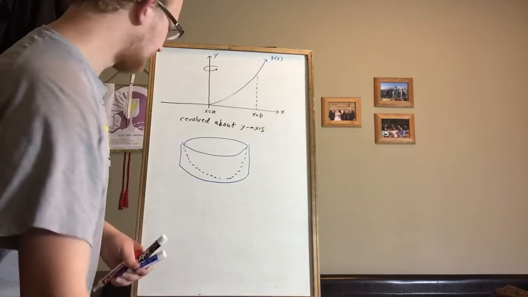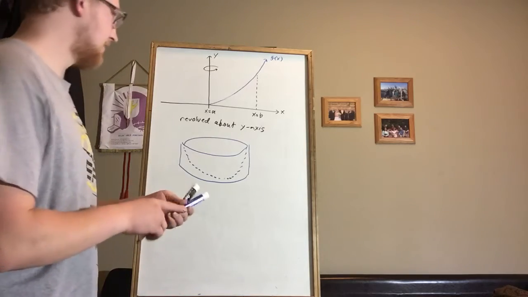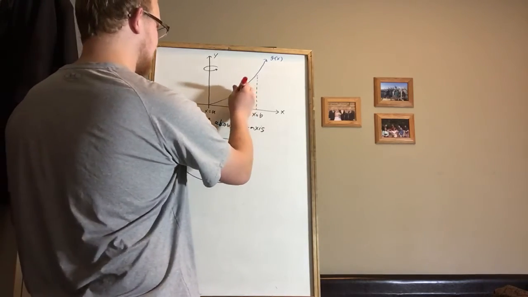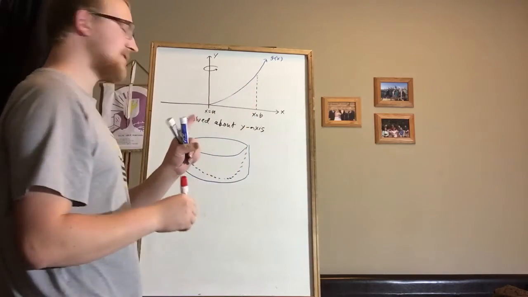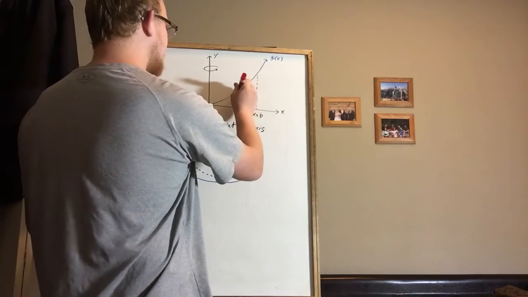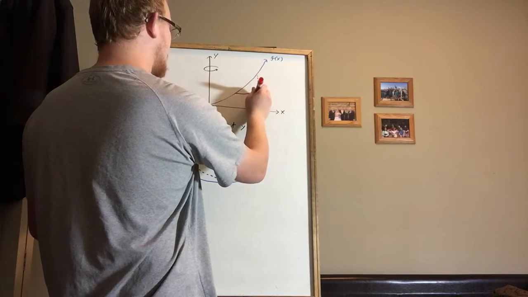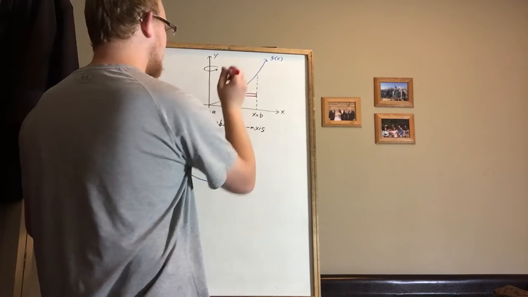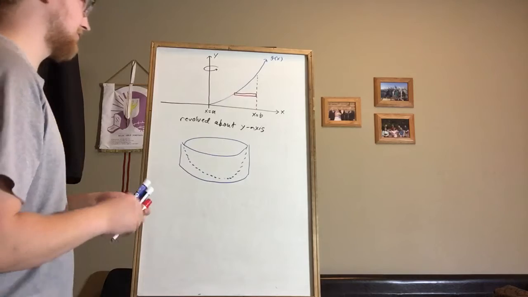And so we're interested in figuring out how we're going to use a disk to do this. Actually, this is going to be a washer method, oddly enough. Disk and washer are very similar, so I guess we'll start with the washer.